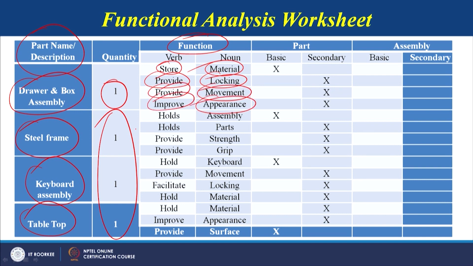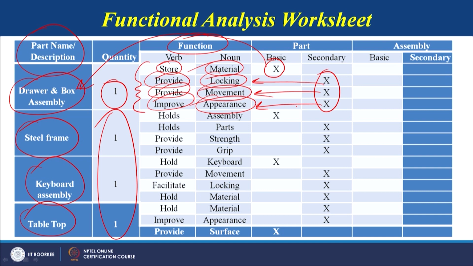So, we can say these are 4 functions. Now, we have to classify the functions as basic and secondary. Storing the material is the basic function for the drawer and box assembly, and the other 3 are the secondary functions. So, that is the classification.